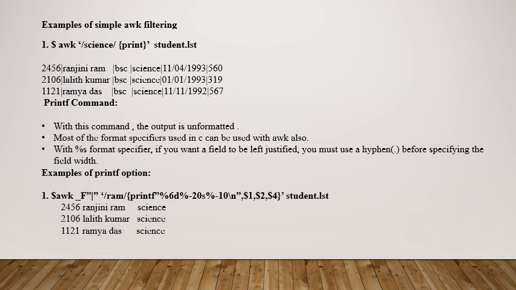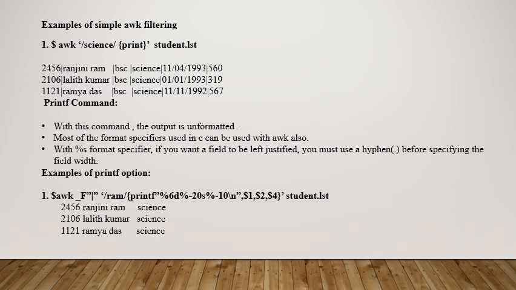So here are some examples of simple awk filtering. As you can see, I've used the word awk, and the pattern I want to search is science, followed by curly braces and the print command. You're going to search for the science pattern in the student.list file. You can see the lines having the pattern science are printed.